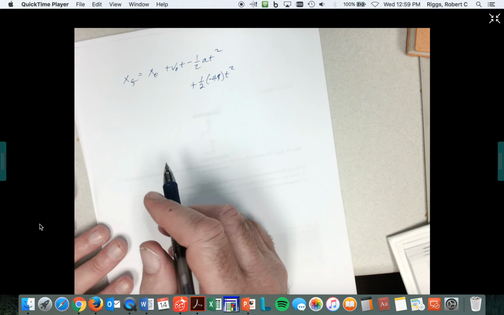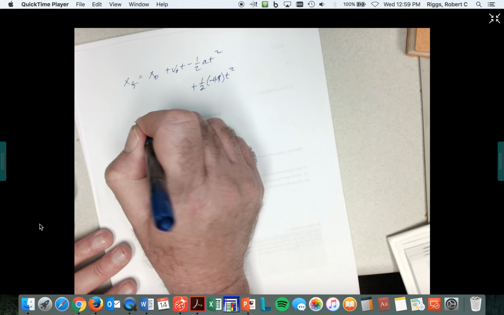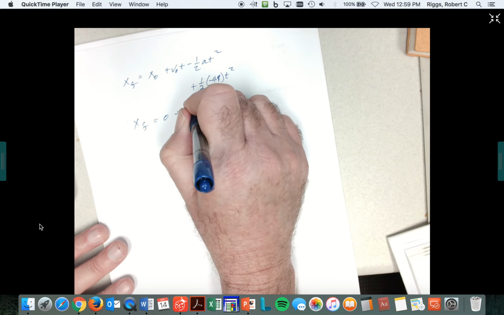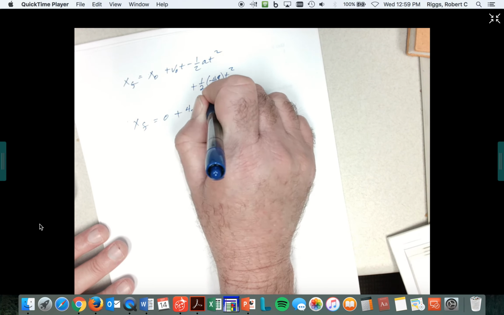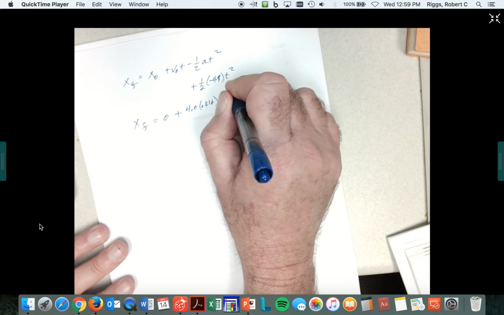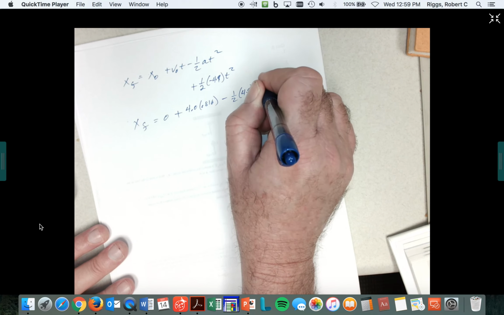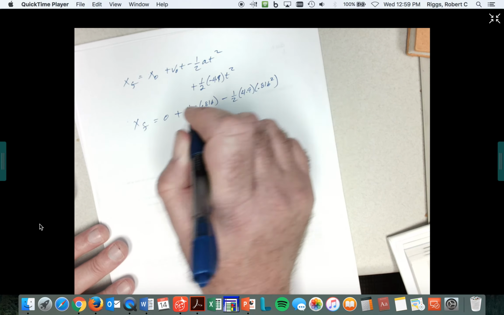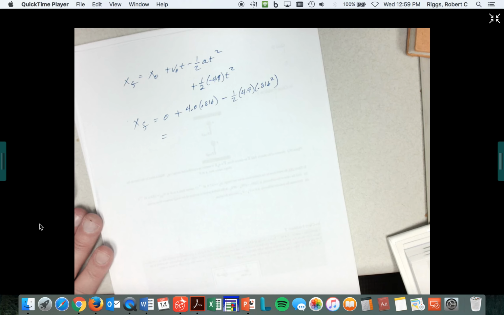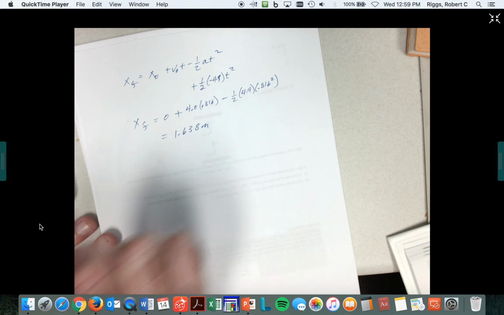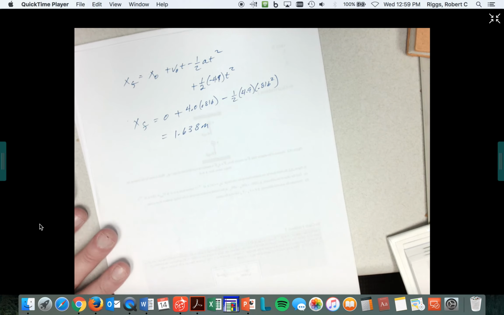So x final is equal to 0 plus 4 times 0.816 minus 1/2 of 4.9 times 0.816 squared. And what I get when I do that is 1.638 meters, not the 16 meters that they say.